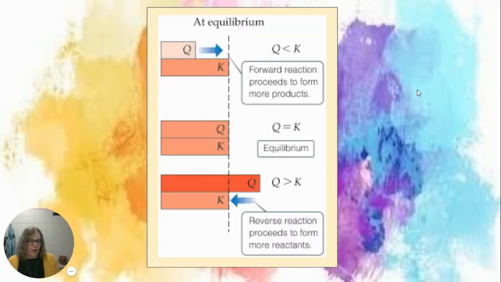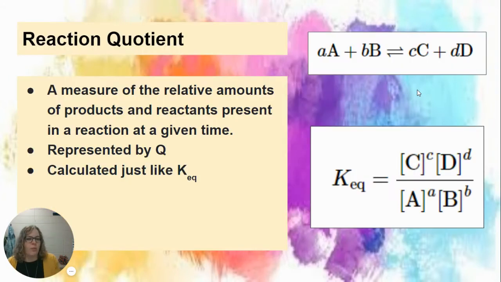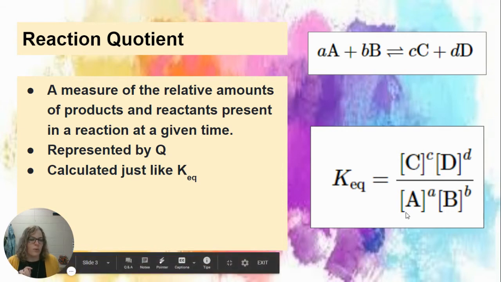So here's kind of how it works. If your Q is less than K, it means that you do not currently have enough products, and so your reaction is going to need to head in what we call the forward direction to make more products. Remember, it's a ratio of products over reactants.